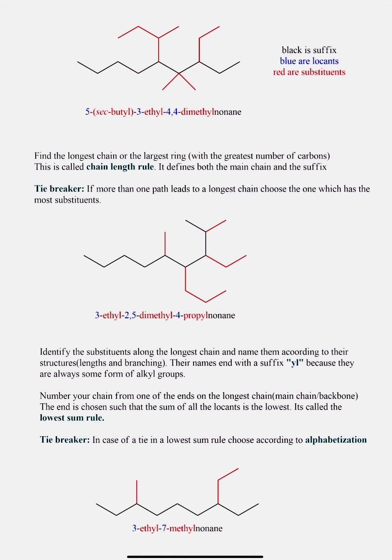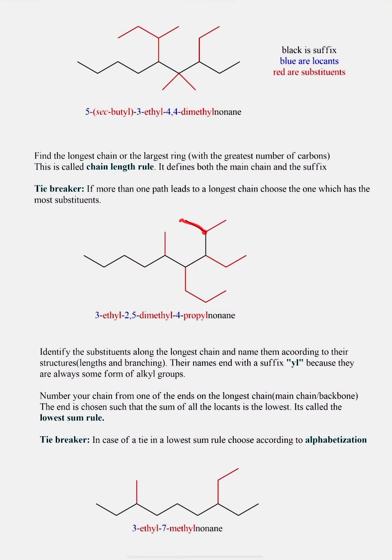But what if both the paths are different? If you look at this compound, there is more than one path that can give you the longest chain. Precisely speaking, there are 3 unique paths here. Let me explain. Here, if you choose this path, it has 1, 2, 3, 4, 5, 6, 7, 8, 9 carbons.